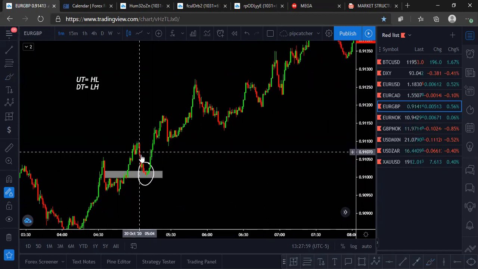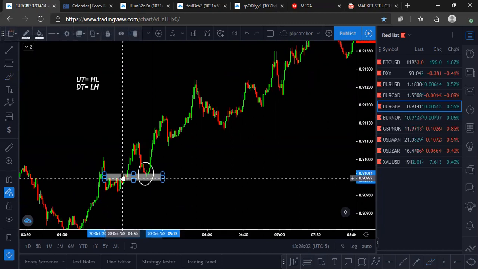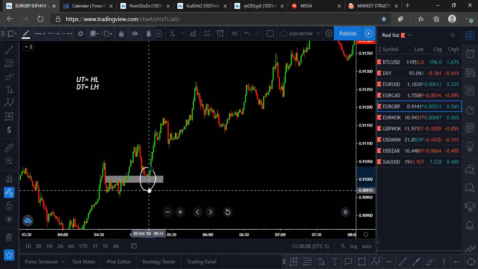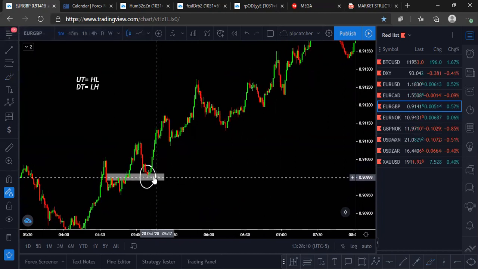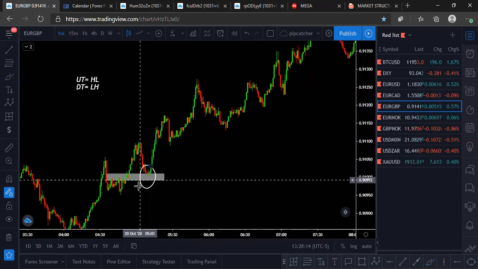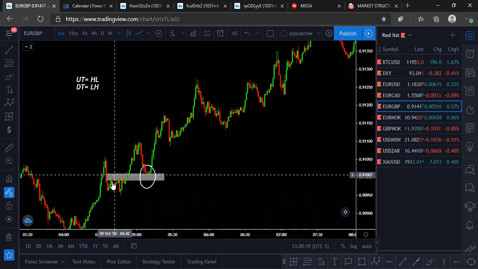So you always want price to retrace potentially back into that zone where you anticipate the market to have a reaction, potentially around that previous area of broken structure.